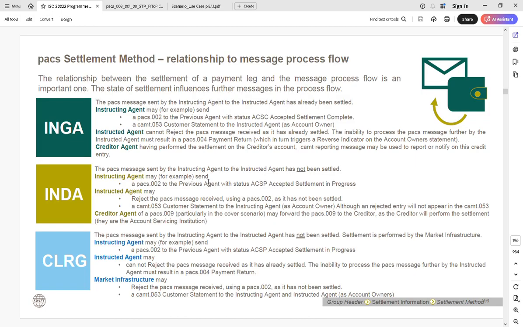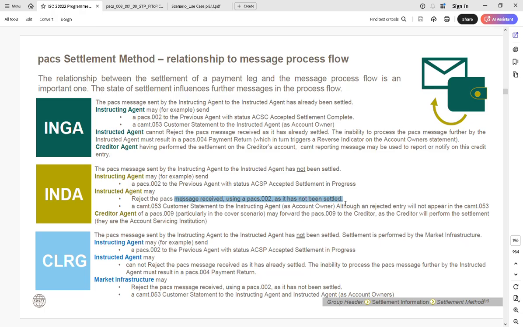Now in a similar manner, if the PACS message sent by the instructing agent to the instructed agent has not been settled, the payment is not settled yet, at that time you can simply reject the payment by sending a PACS002 message.